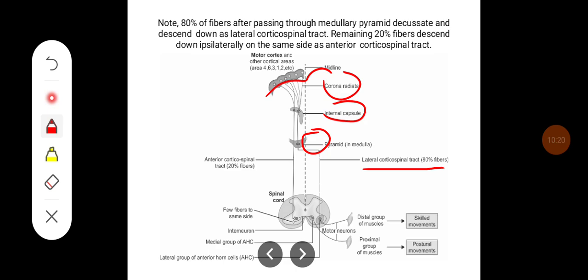Then 70% of them end on the anterior motor neurons, and they mainly supply the distal group of muscles and are responsible for skilled movements, whereas the 20% of the fibers descend on the same side of the spinal cord, end on the interneurons, and from there they cross over and mainly innervate the proximal group of muscles, where they are important for postural movements.